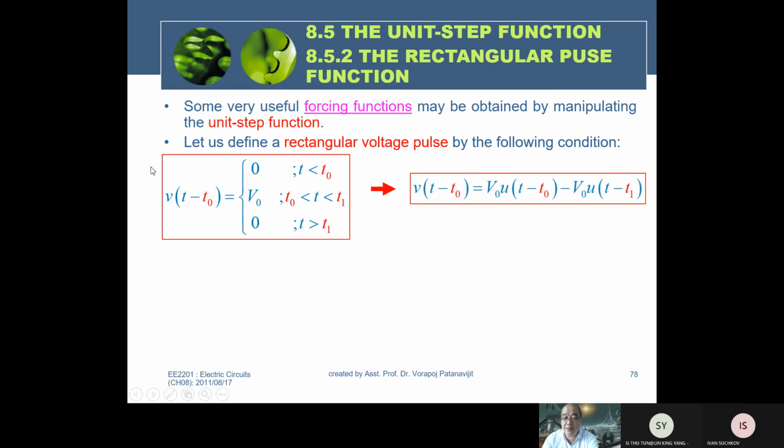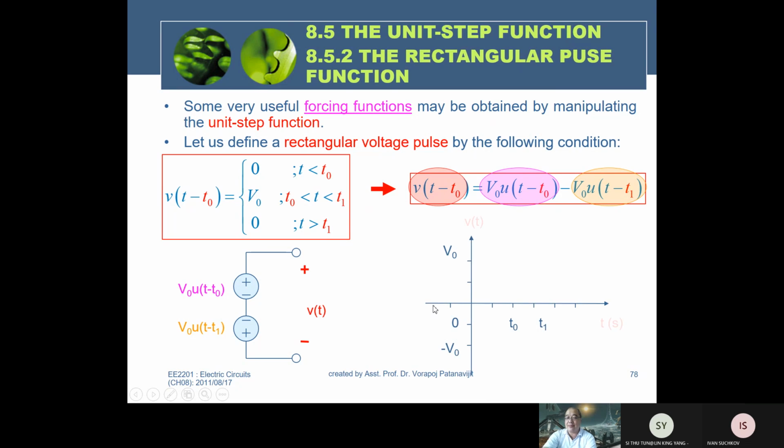You can see some complex functions such as the rectangle: 0 for time less than T0 and 0 for time greater than T1, but between them it gives you V, the rectangle waveform. This rectangle waveform you can write in terms of two unit step functions subtracted from each other. The first unit step has a time delay at T0, and the second one has a time delay at T1.